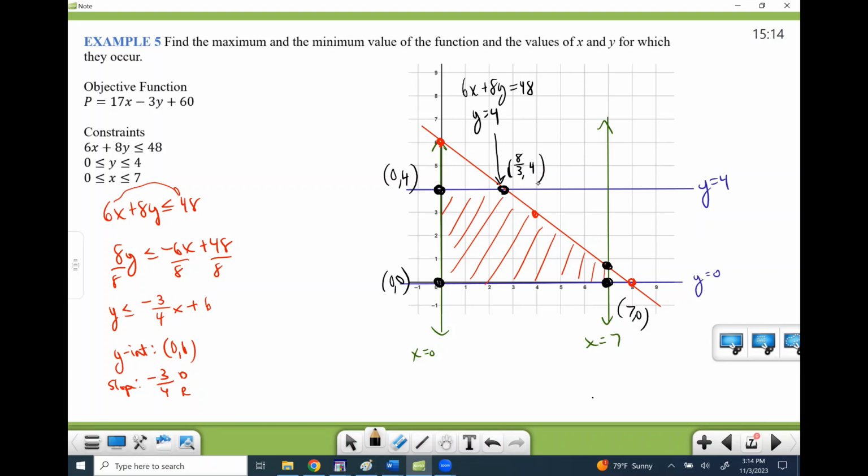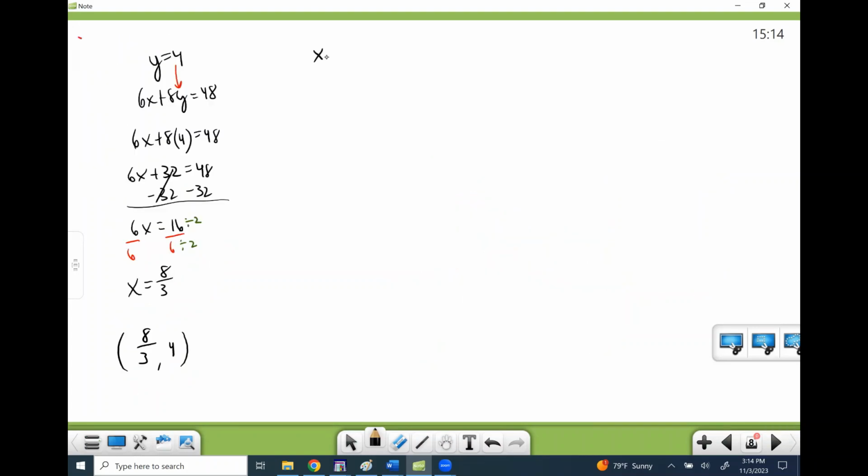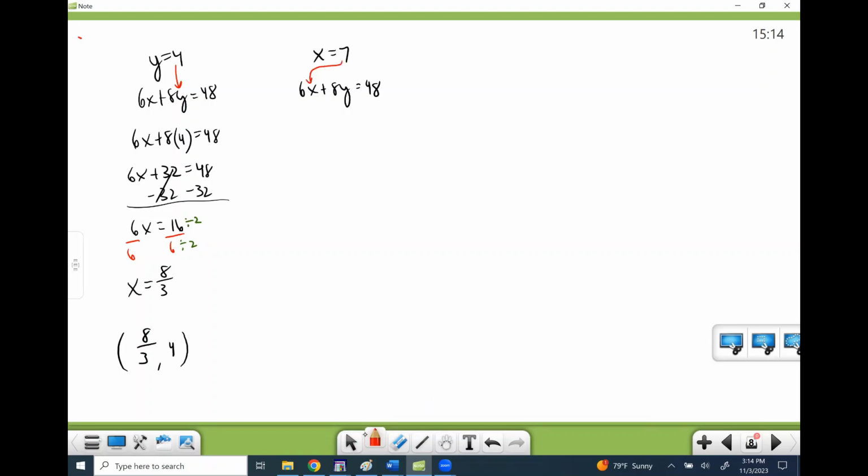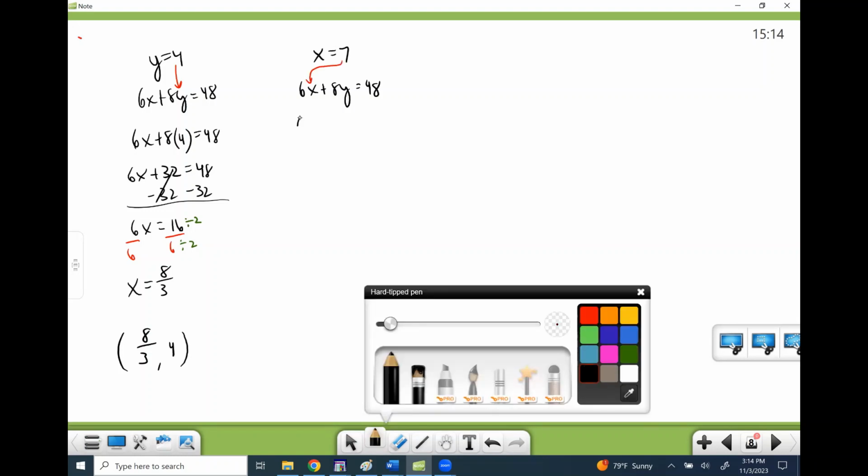Now we want to get this point. That's where the red line and the green line, x equals 7, intersect. So we're going to substitute again, but this time we're going to substitute in for the x.